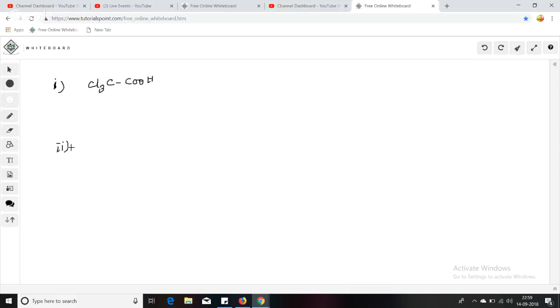Second one we have a benzene ring with methyl here, COOH. And the last one, third one, is CH3COOH.